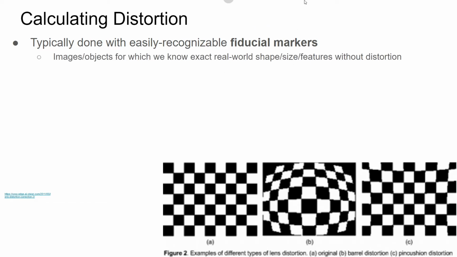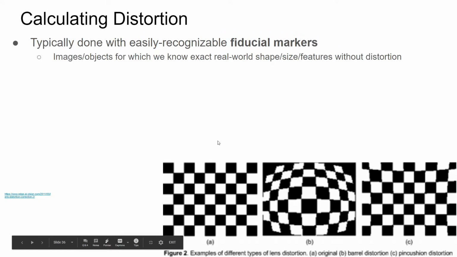Fiducial markers are basically images or objects for which we know the exact real-world shape and size and their features when they're undistorted. So for example, this checkerboard, we know what a checkerboard looks like when it's not distorted by the lens.